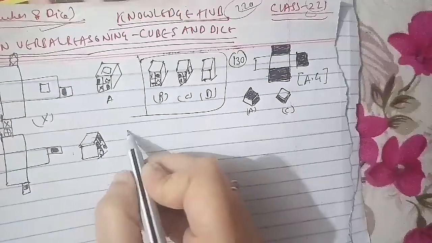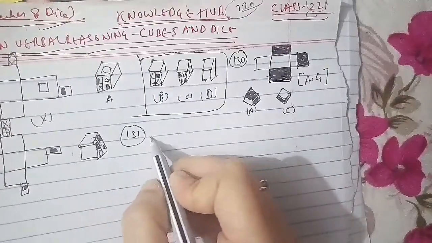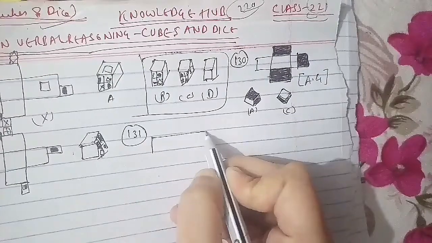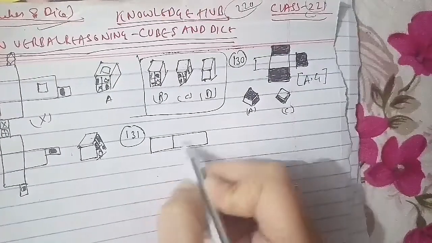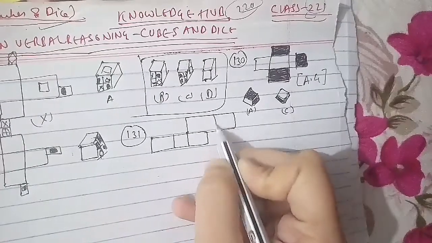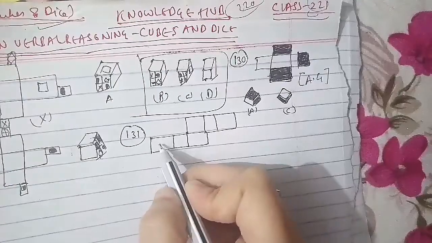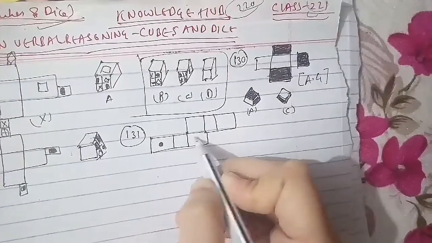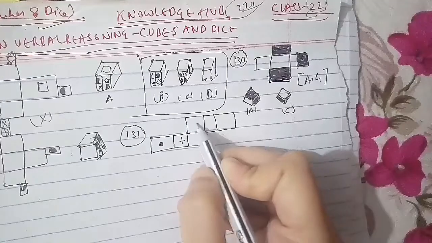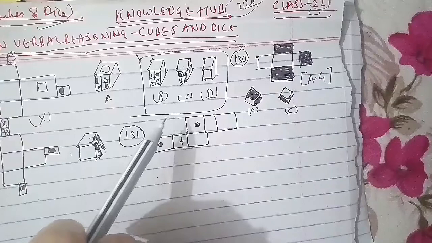So we have to find out the answer here, and that is important too. By answering this question, the pattern in figure X shows that each one of the cubes A, B, C, D can be formed by folding figure X here. So the right answer is A, B, C, D, all.